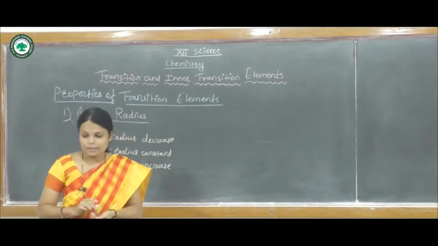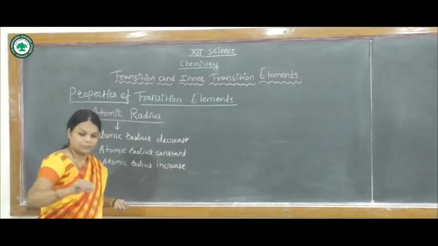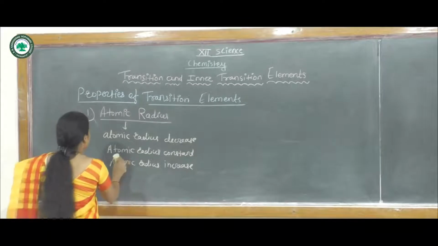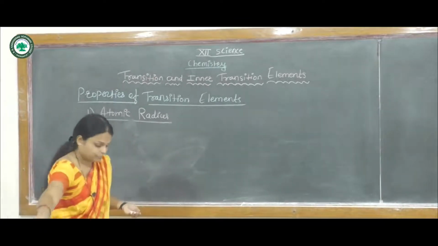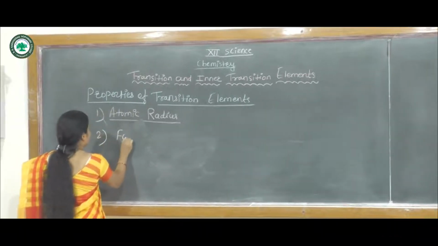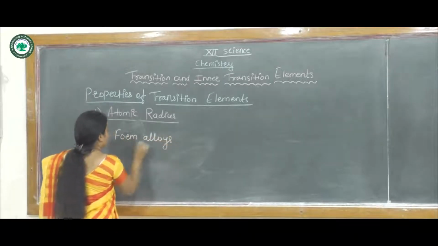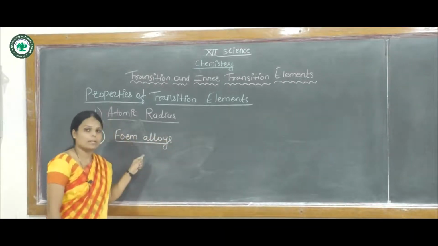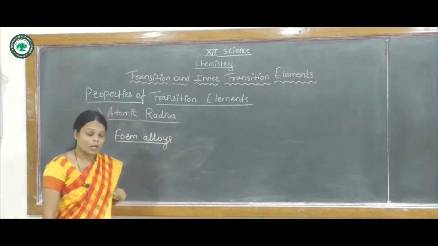The second property is that transition elements form alloys. Why do they form alloys, and what is meant by alloy?